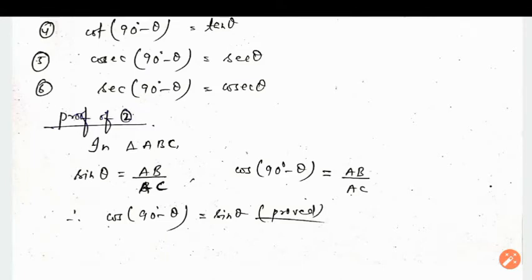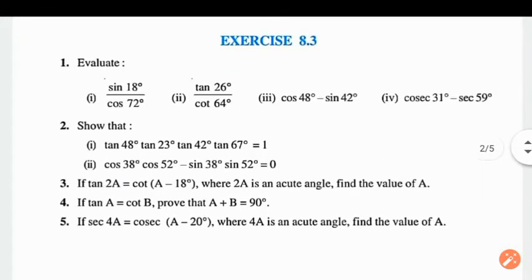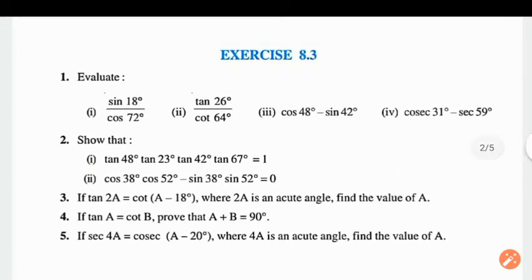Based on these 6 formulae, let's do one exercise. Here we have NCERT exercise 8.3. In question number 1 we have 4 subparts, in number 2 we have 2 subparts.